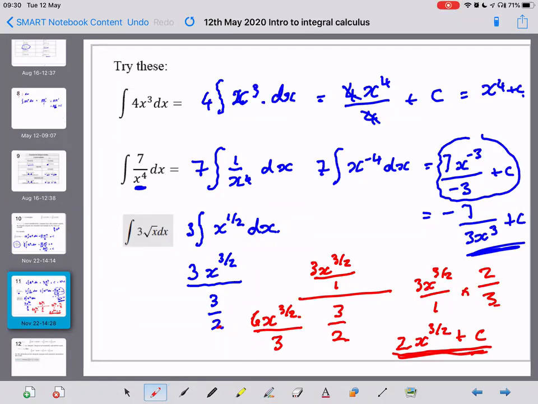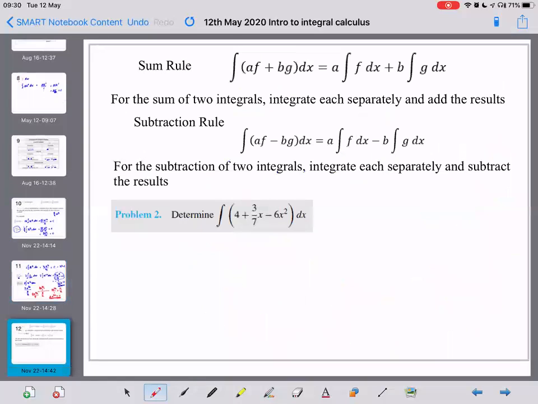So that's the constant multiplier rule, and it's very handy to be able to get that constant out of the way. Right, the sum rule now. This is the rule where if we've got two functions of x, f and g, added together, we integrate by integrating each of the functions separately, and we can also use the constant multiplier rule to bring constants outside.